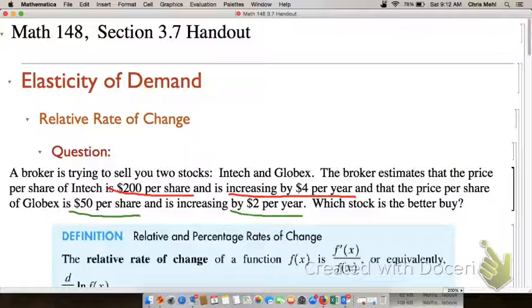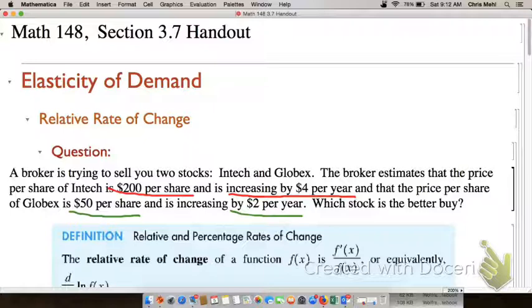But when you purchase 4 Globex shares, at the end of the year each one of those shares is going to increase by $2. So that's really telling me that if I spend $200 and buy 4 shares of Globex, that $200 investment is really going to grow by $8 per year. So just thinking of it that way, Globex is the better buy.